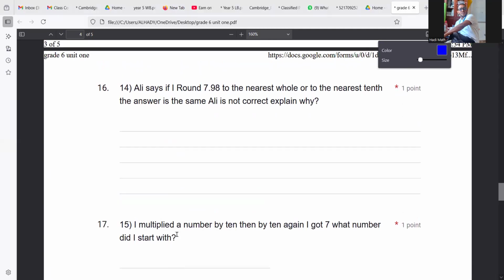Let's go to this question. Ali says, if I round 7.98 to the nearest whole or the nearest tenth, the answer is the same. Ali is not correct. Explain why.